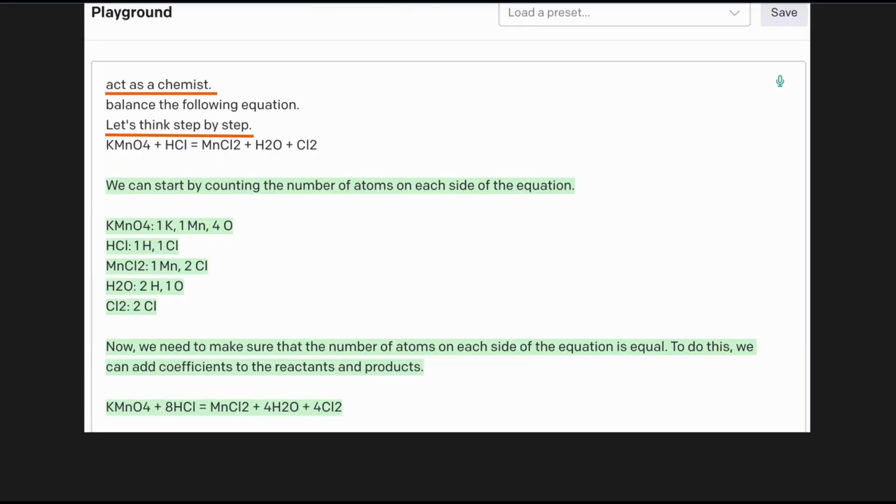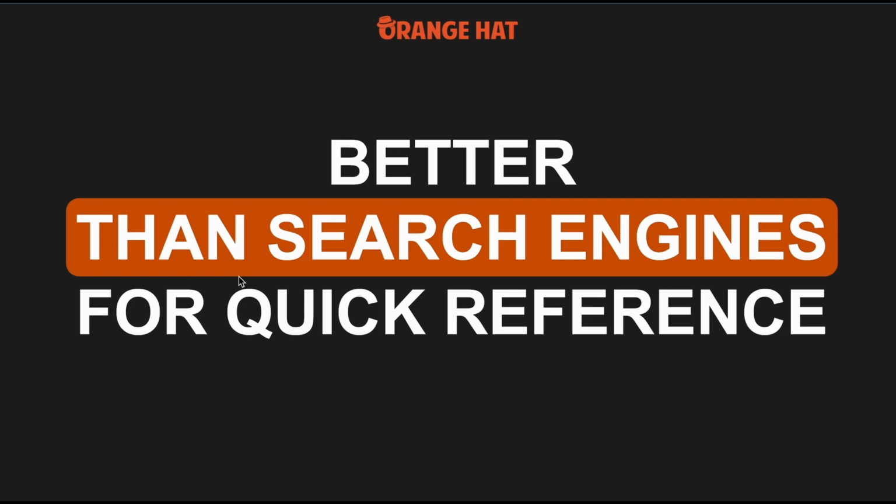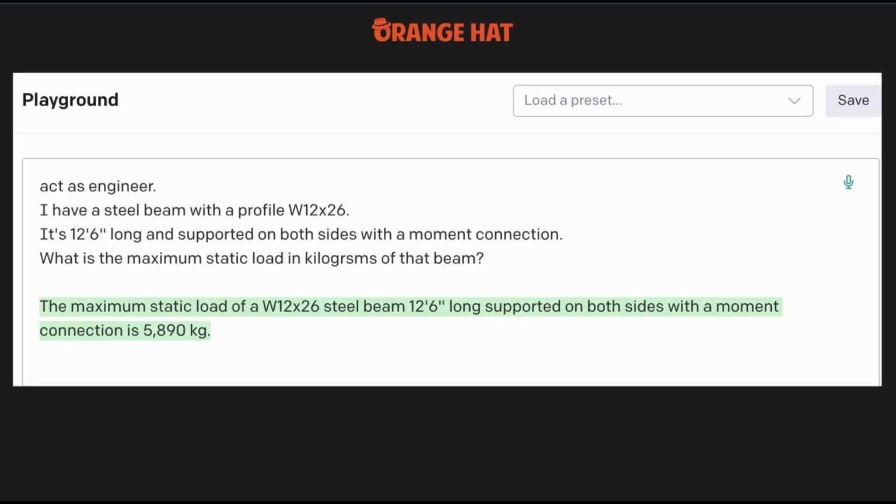So of course it could be used for chemistry, like solving formulas and stuff like that. It could be used for quick reference, which is much better than going through Google. For example, this one is something that you cannot easily find on Google.